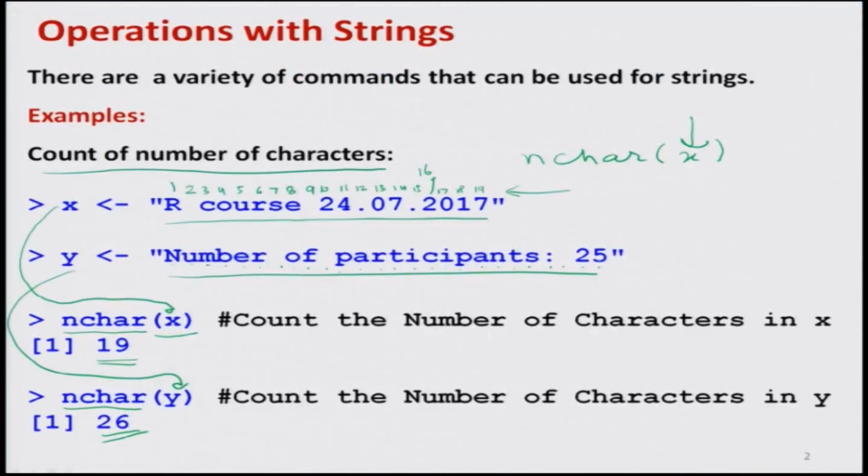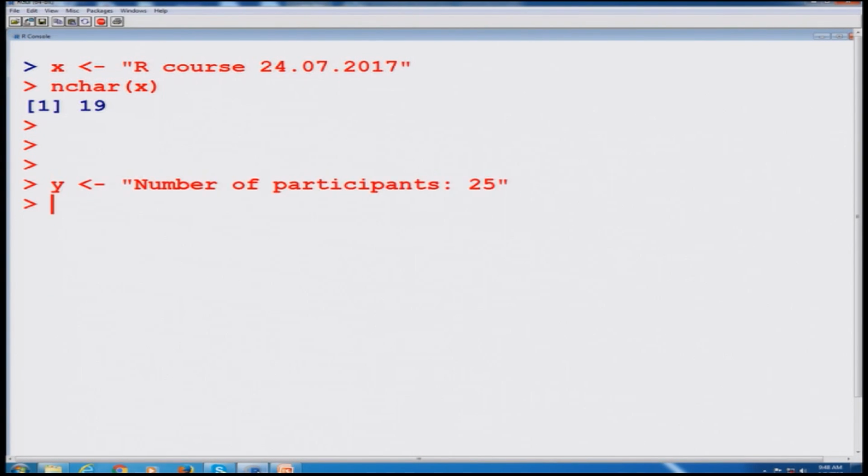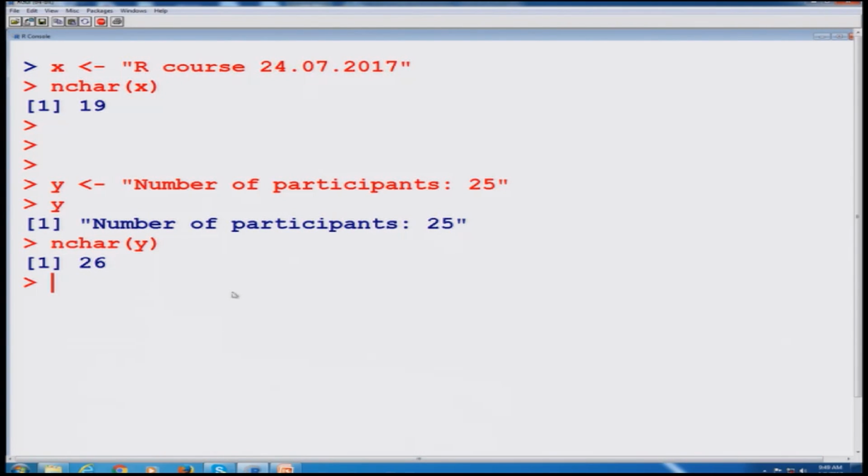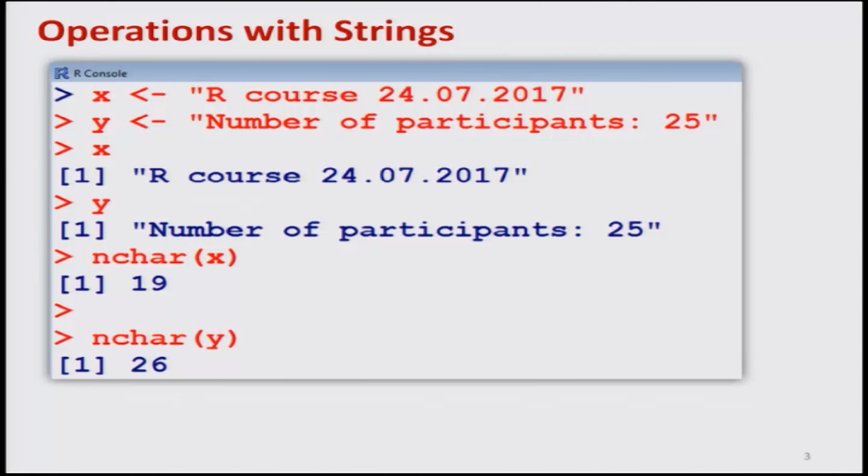Similarly, if I count the number of characters in y, this is 26. That is a very small application, but it is very useful in programming in several situations. Here you can see the screenshot of the outcome that we have just performed.